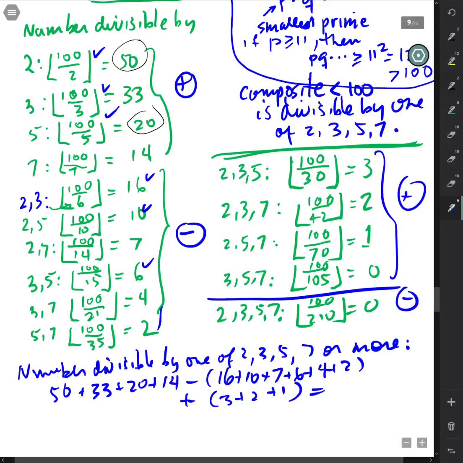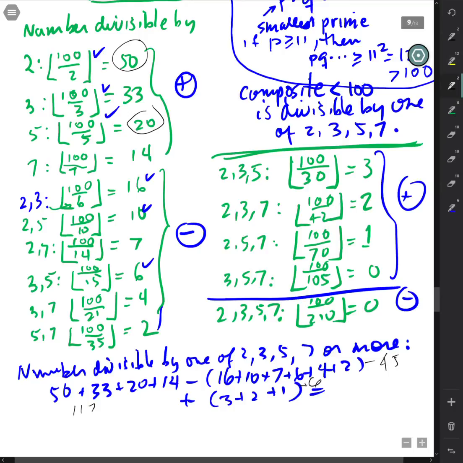Let me go ahead and get a black here and do that. This is 83, 103, 117 minus 26, 33, 39, 45, 45 minus 45, and then plus 6.